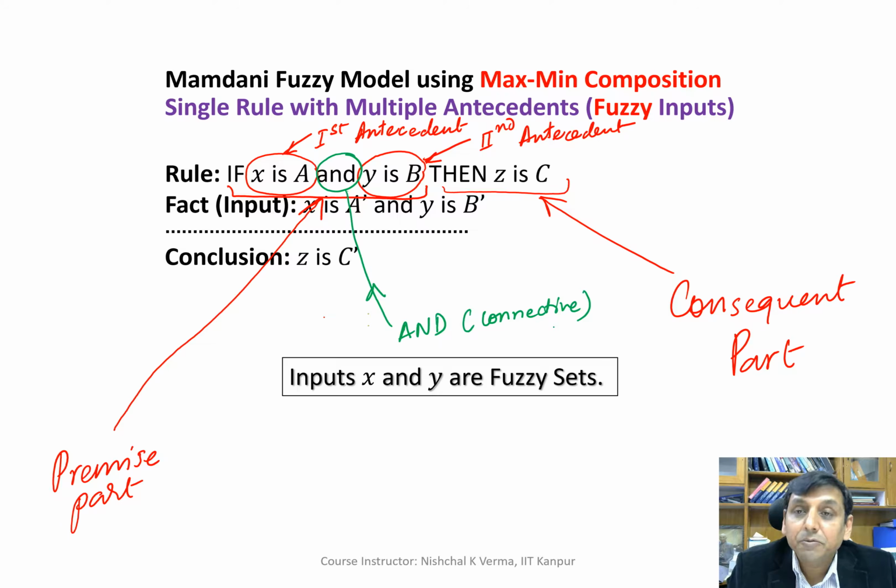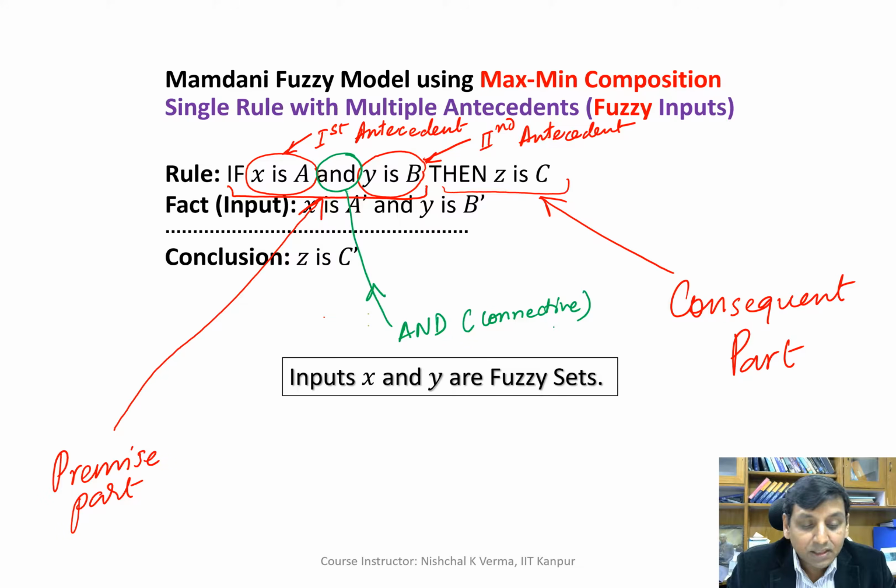So we have a Mamdani fuzzy model which has a single rule but two antecedents under the multiple antecedent case. And here we have two inputs because we have two antecedents. So x and y both are the inputs to the model. Now this x and y can be either crisp or fuzzy. We'll discuss both the cases.